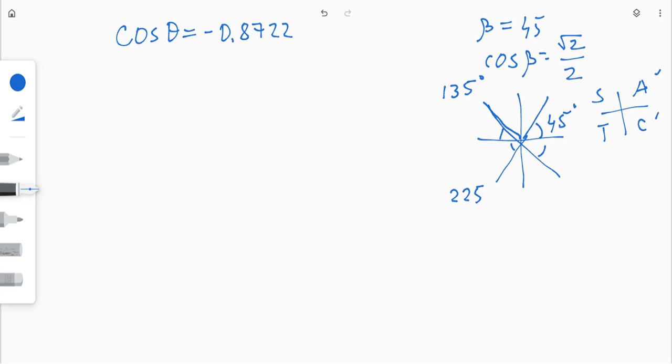And finally, let's move to the fourth quadrant. In the fourth quadrant, the angle 360 minus 45, which is 315, is going to have also positive cosine, square root of 2 over 2. Why? Because the fourth quadrant is positive for cosine.